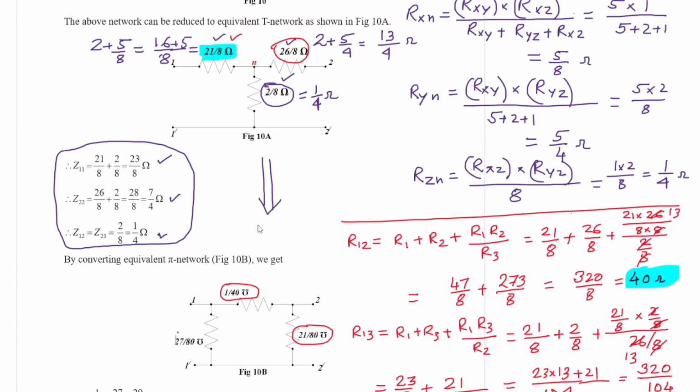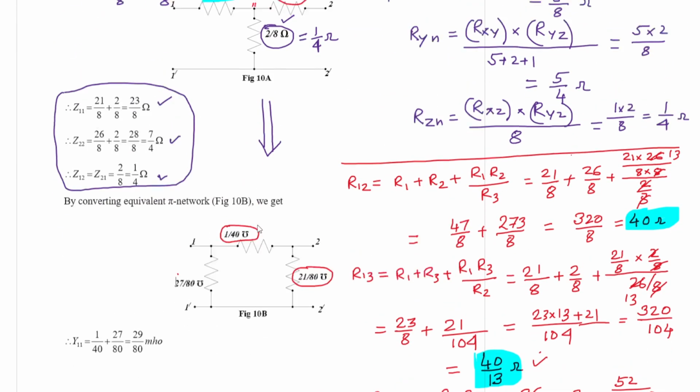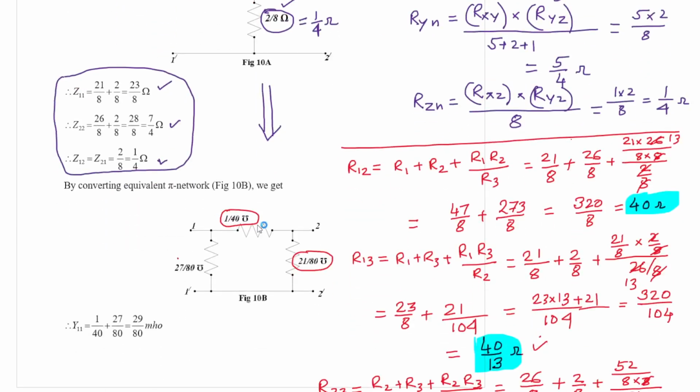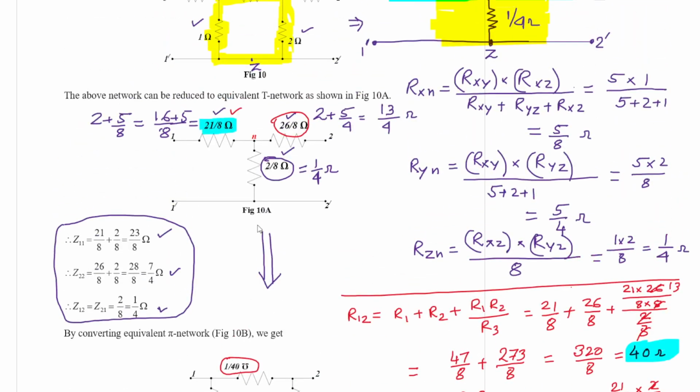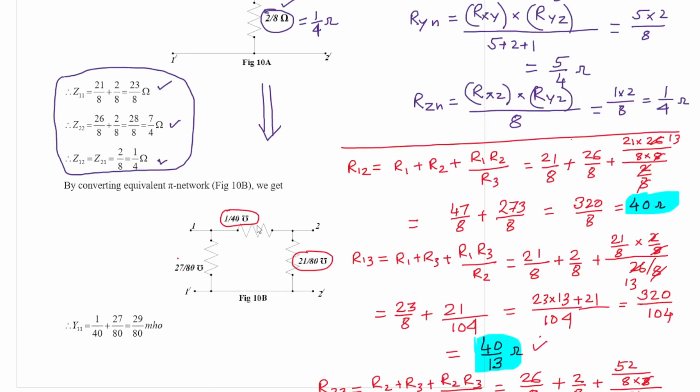R1 is equal to 21/8. R2 is equal to 2/8, 21/8 into 2/8 by 26/8, that is okay.